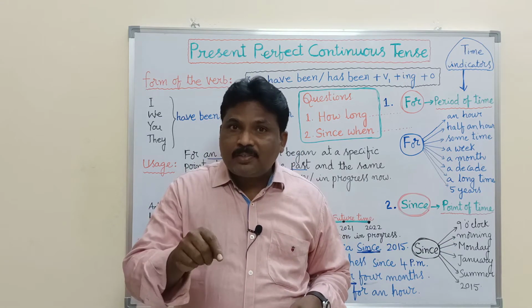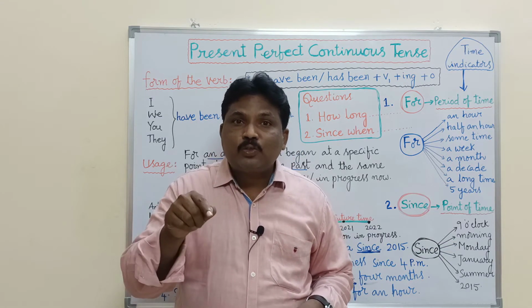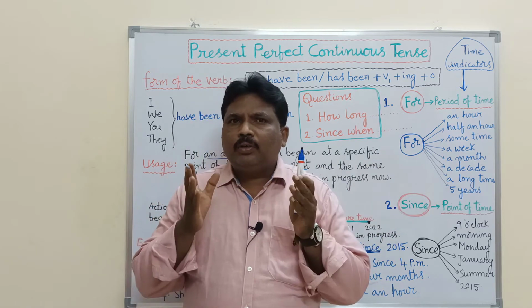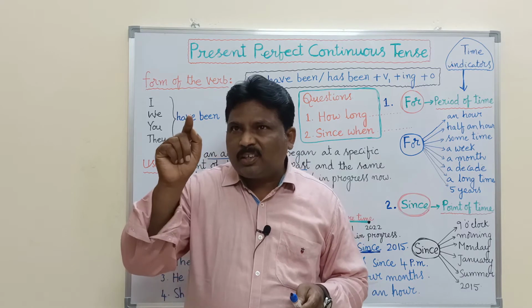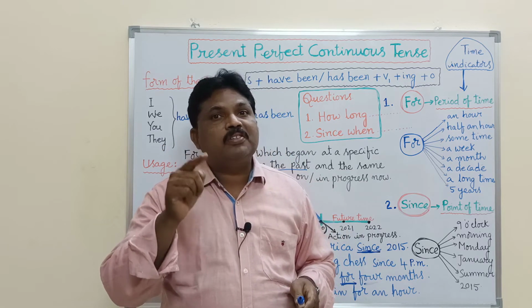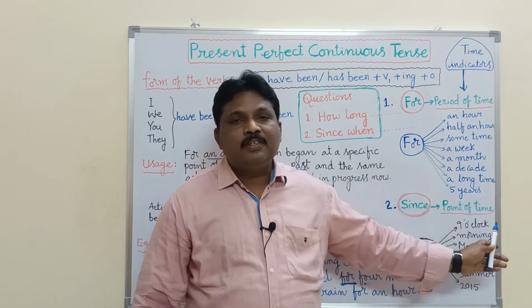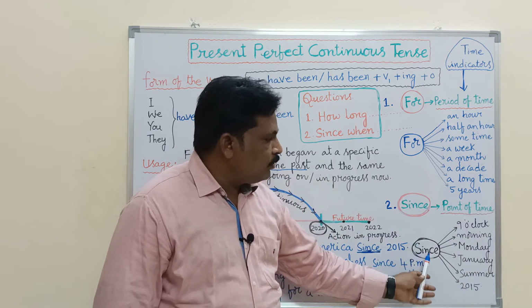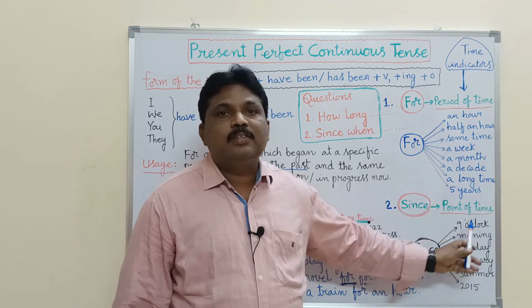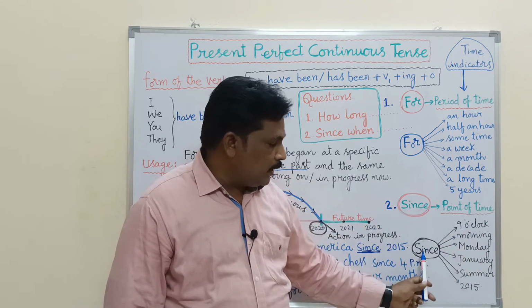The difference is that our focus is only the amount of time when for is used, and when our intention is to concentrate on a specific point of time where the action was started, then since is used. Generally after since, time is used: since 9 o'clock, since 8 o'clock, since 7 o'clock, like that.